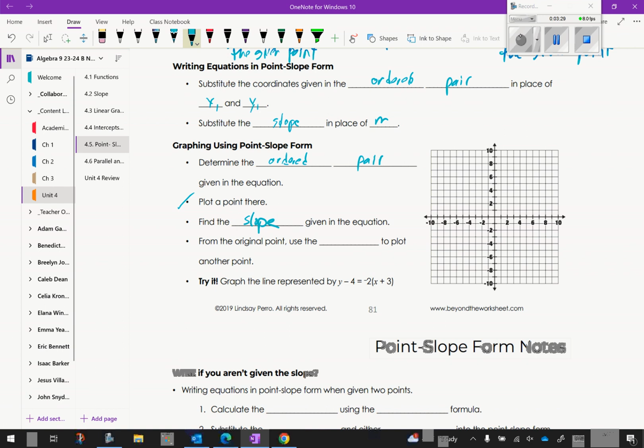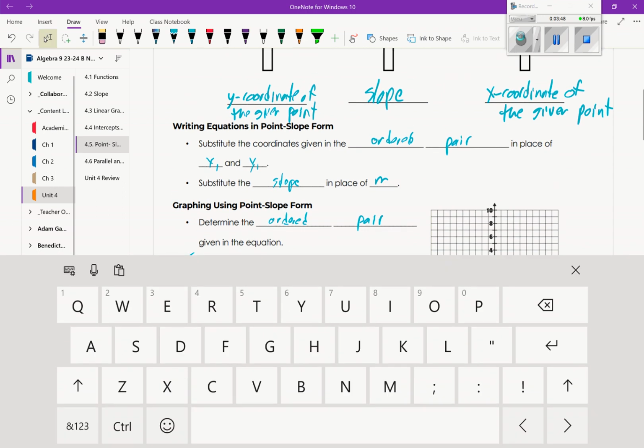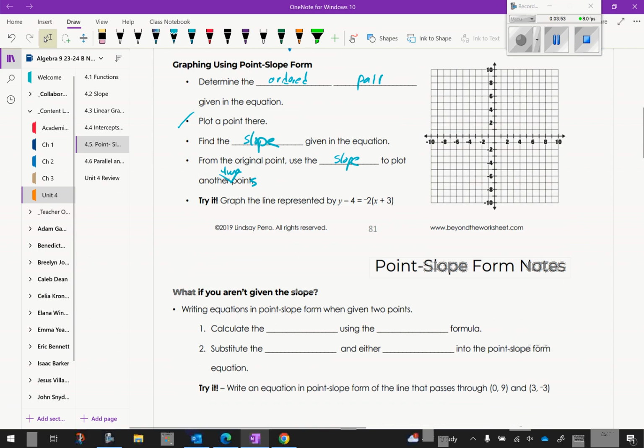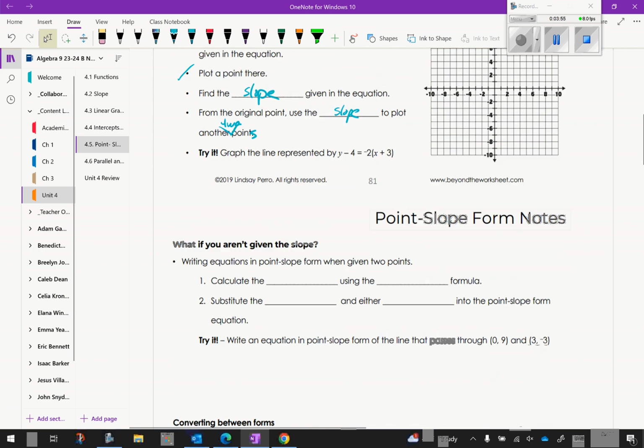And then we can use the slope, like we did before, as a set of directions. But I'm going to insist here that we plot 2 points. Let's make sure that we're going in the right direction.